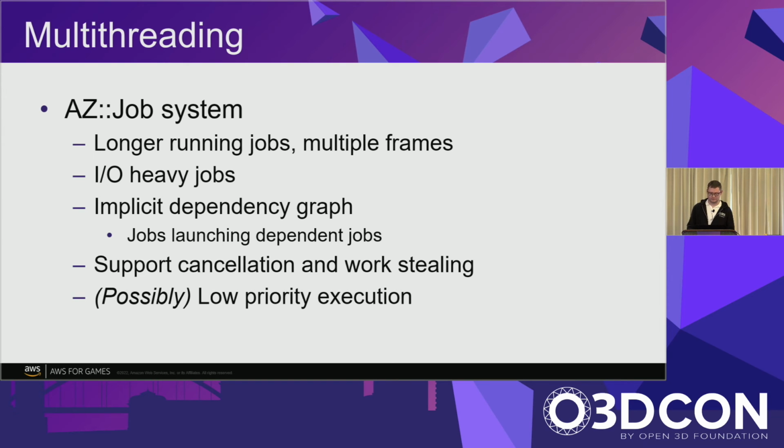It has a lot more features in that sense, for example, it supports job cancellation and work stealing. This is not something we currently have, but technically in the future, the job system could run with lower priority execution.